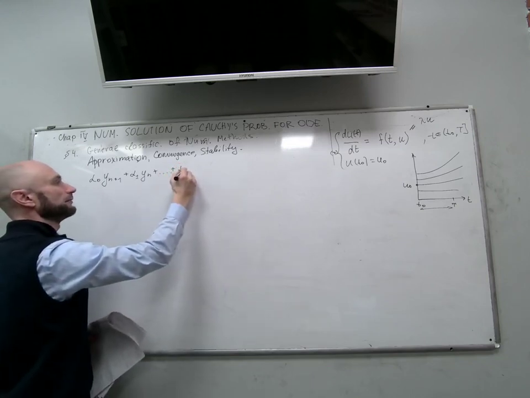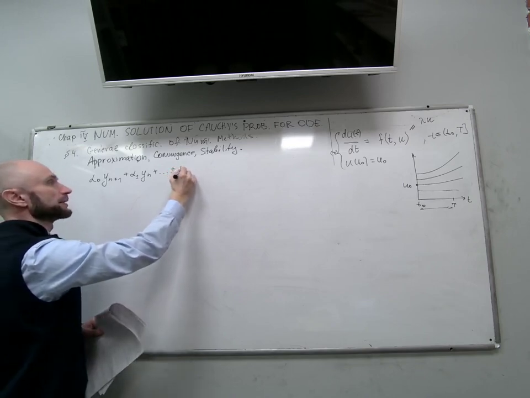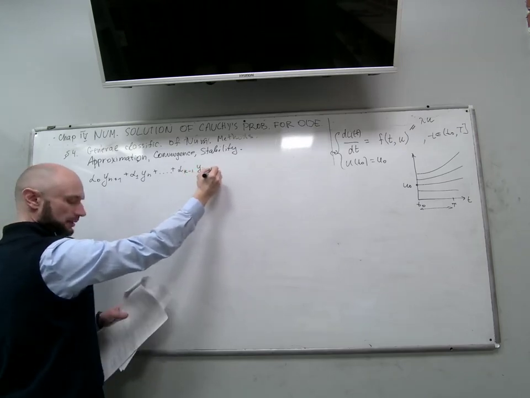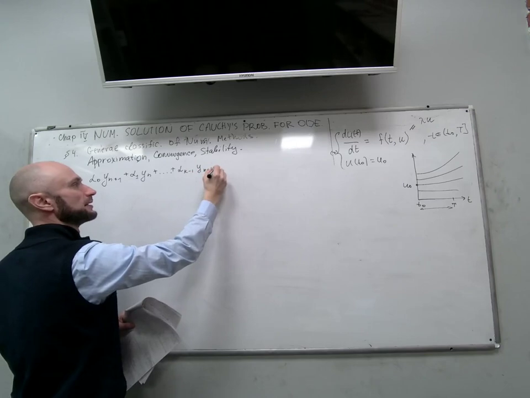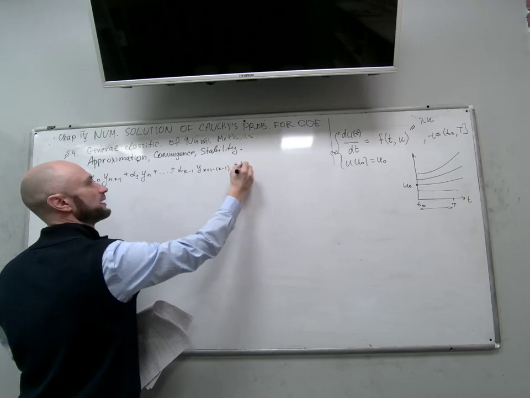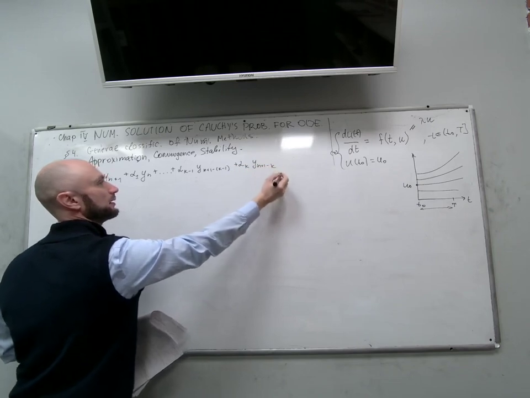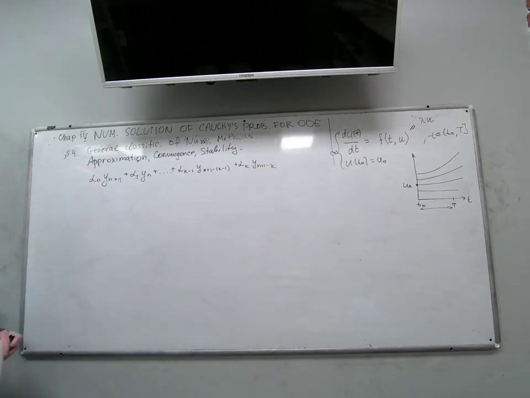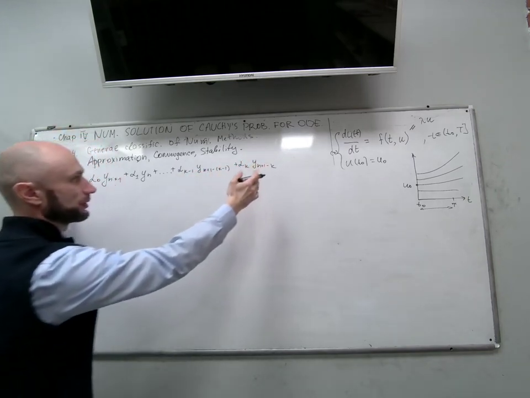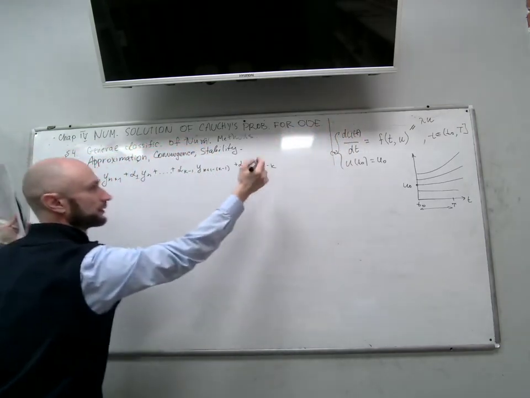So alpha k minus 1 y at n plus 1 minus k minus 1, plus alpha k y at n plus 1 minus k. This is the general form of the finite difference expression that approximates this derivative.